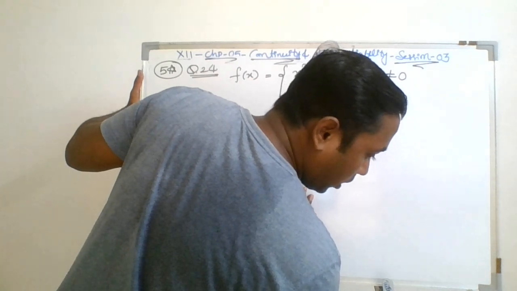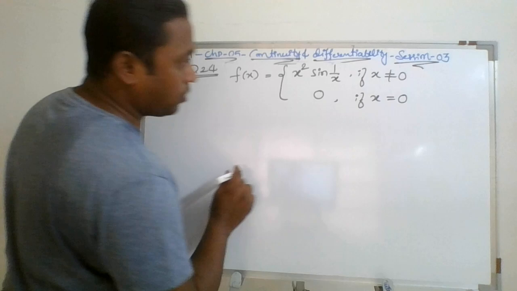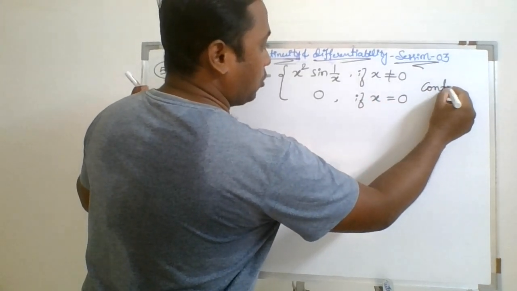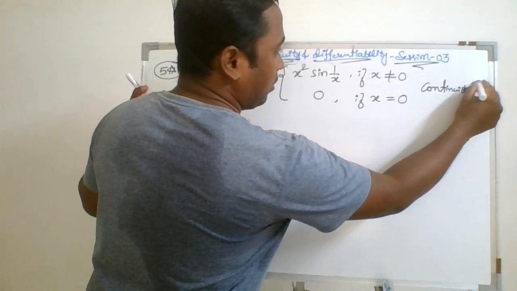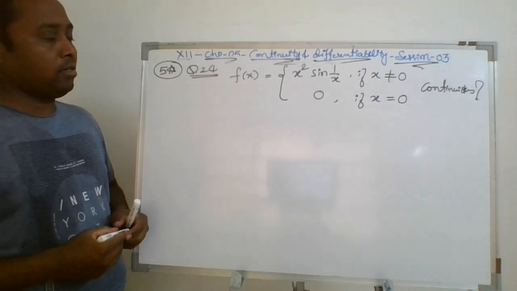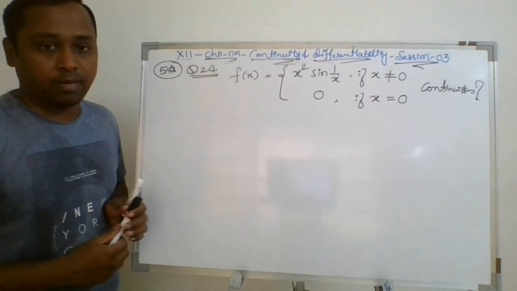You need to check whether the function defined by f is continuous or not. They are just asking whether this function is continuous. So you may understand at what value we need to check the continuity. At 0 we are talking about.